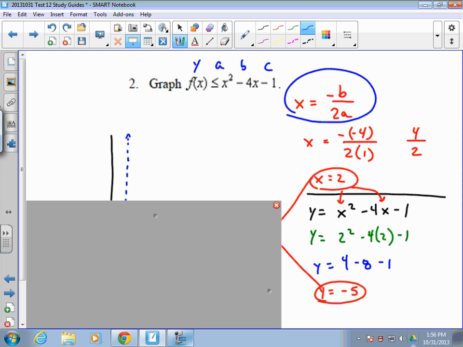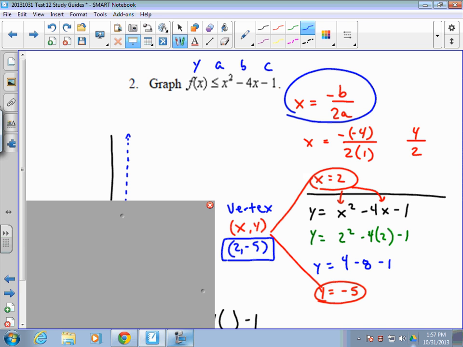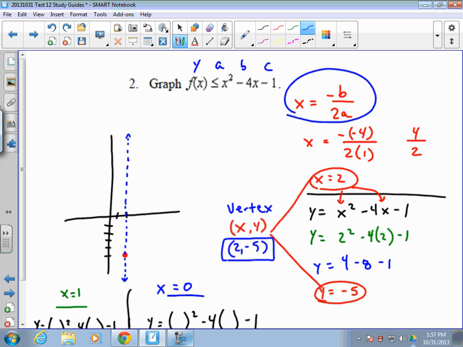So we have an x and a y value. That is our vertex, 2, negative 5. From there, we can already graph our vertex, which is here, 2, negative 5, and we can put in our line of symmetry, x equals 2. So then you need to find 2 more points.